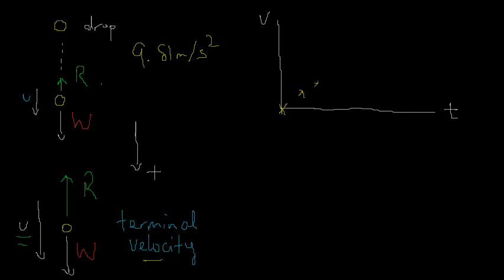So I know that the velocity can't just keep going up. After some time, there's a limit. Now I want to know what kind of shape this graph roughly looks like.